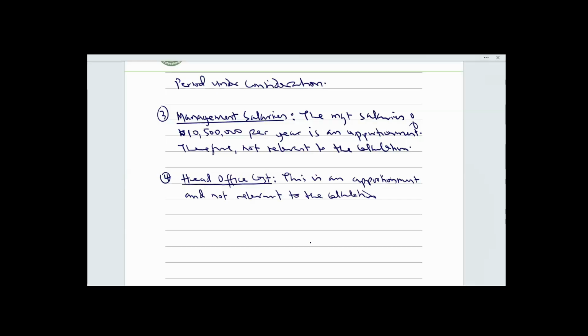Next, number 5. After head office, we also have rental of building. Rental of building.